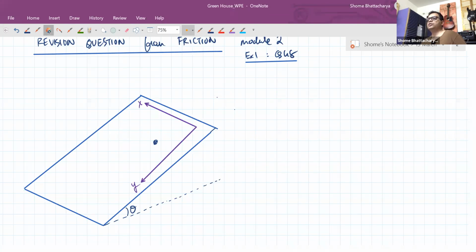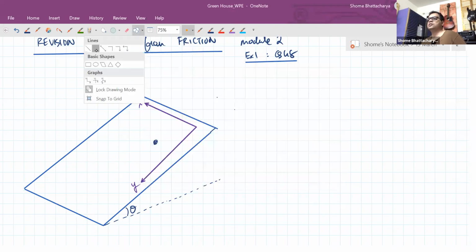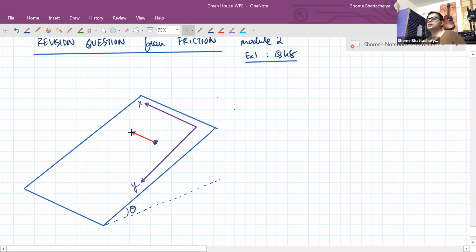What we are doing is we are giving the particle an initial velocity along the x-axis like this. That's what we are doing.